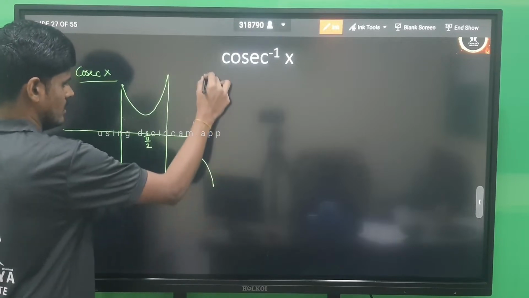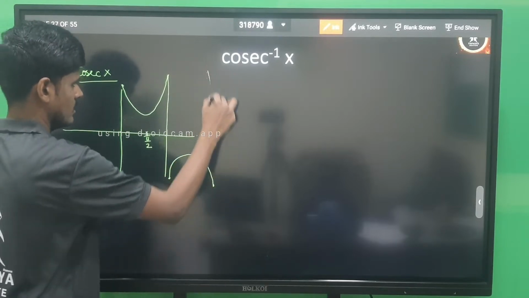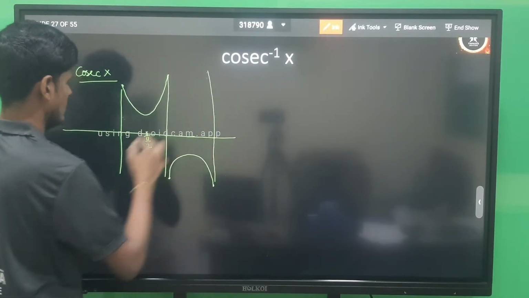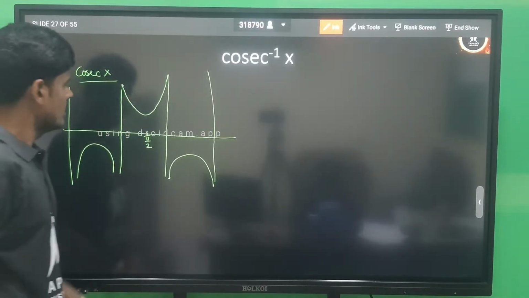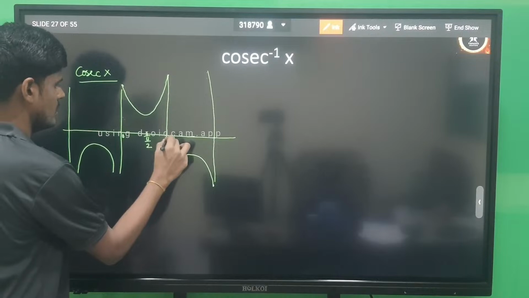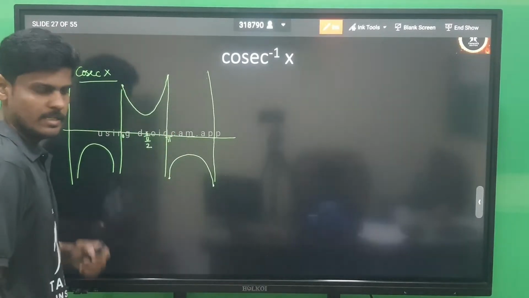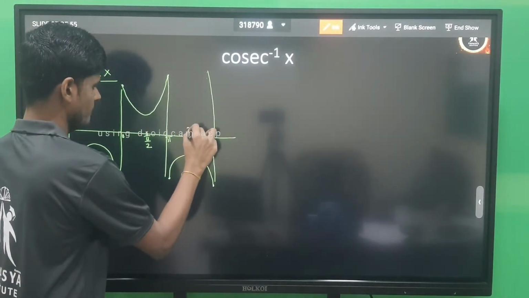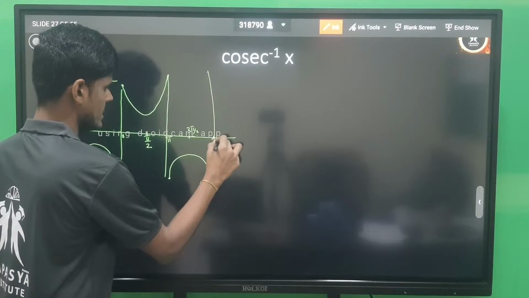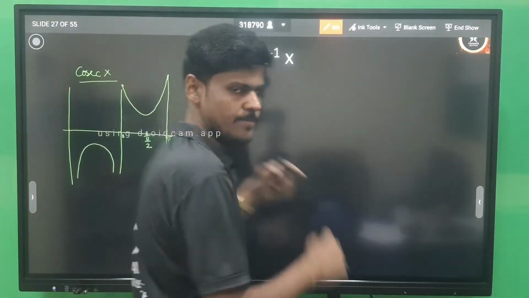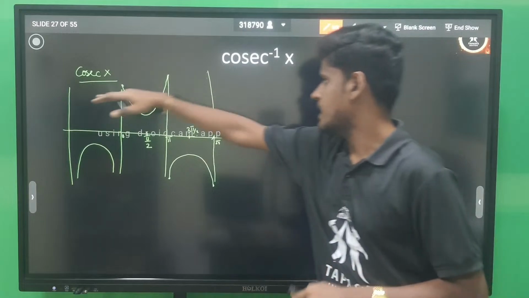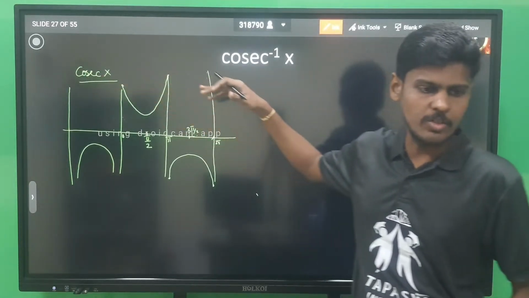Graph will look like this. Okay, now this is 0, 90, 180, 270, 360. By observation, this is actually a many to one function, because when you draw a horizontal line, it intersects at more than one point.